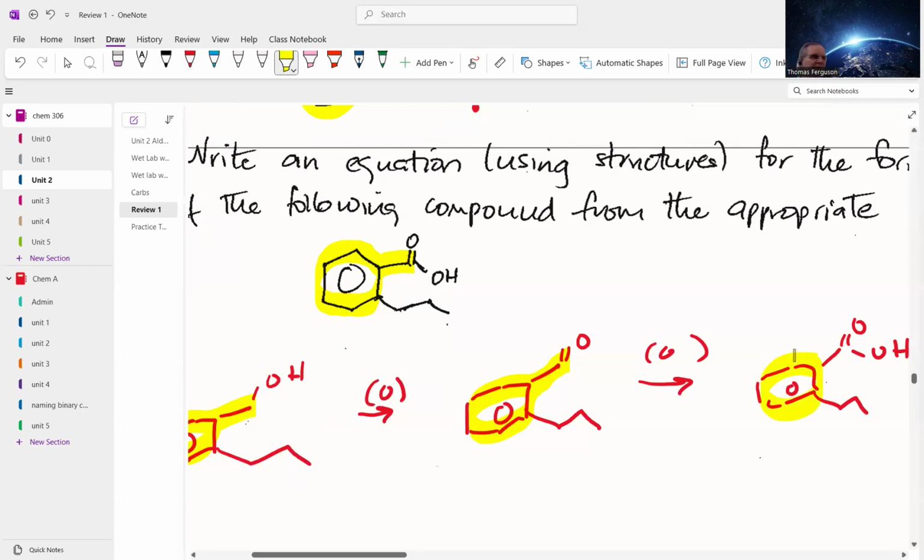Now, this is a typical dilemma a synthetic chemist faces. Okay, I think I want to make this a new drug on the market, right? I want to make it. What can I start with? Well, acids can come from oxidized aldehyde, which can come from oxidized alcohol. Okay, well, let's start with the alcohol and then oxidize it.